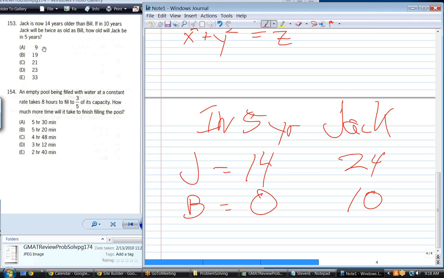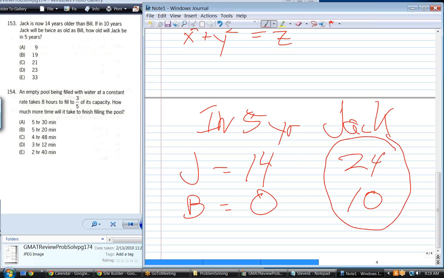Here's the premise with back solving. You have to assume that 19 is the correct answer. If we assume that 19 is the correct answer, then currently Jack is 14, Bill is 0. In 10 years, Jack will be 24, Bill will be 10, and Jack will not be twice as old as Bill.